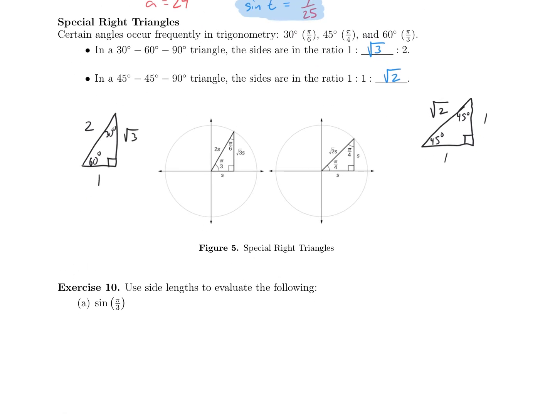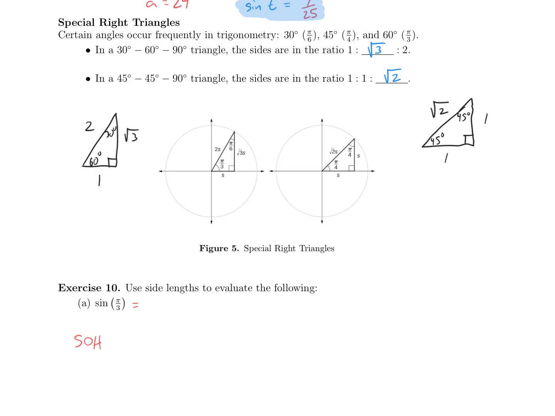All right, let's see if we can evaluate these problems here. It says use the side lengths to evaluate the following. Okay, so notice that pi over 3 is here. Pi over 3 is equivalent to 60 degrees. You can verify that if you'd like. Or we can just simply use this triangle. So since we're looking for sine, recall that it's opposite over hypotenuse.